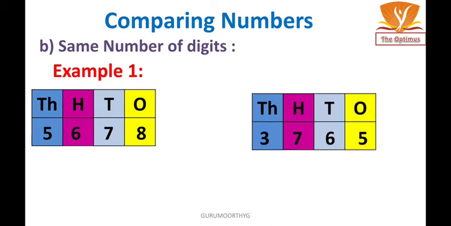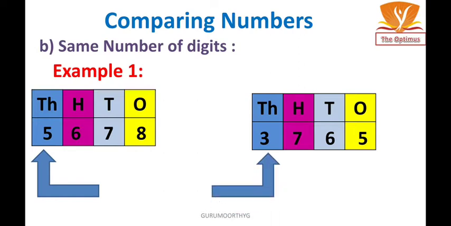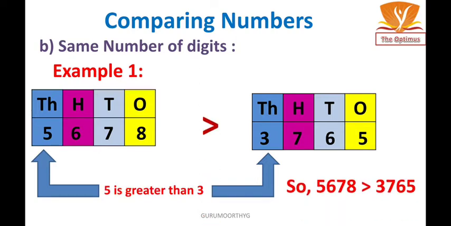Both are 4-digit numbers. First compare the thousands place. The first number's thousands place is 5 and the second number's thousands place is 3. So the first number, 5678, is greater than the second number, 3765. The thousands places of both numbers differ.